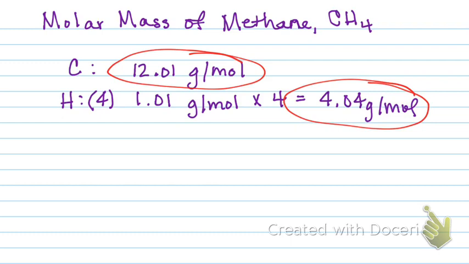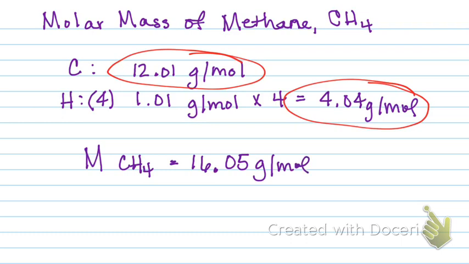So I'm going to end up with 12.01 and 4.04, and of course that's 16. So the molar mass of methane is 16.05 grams per mole. Okay.